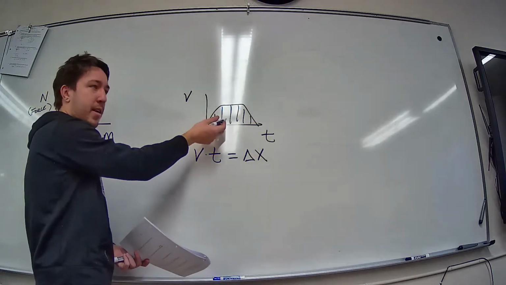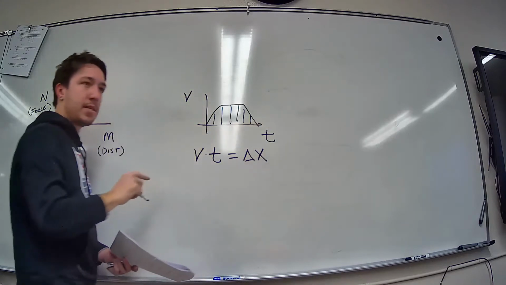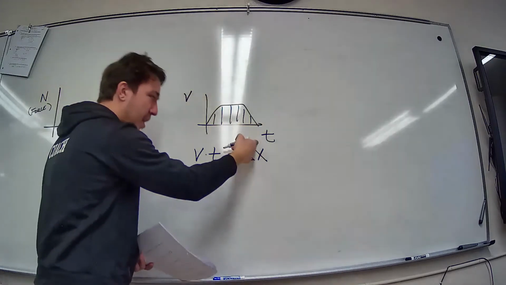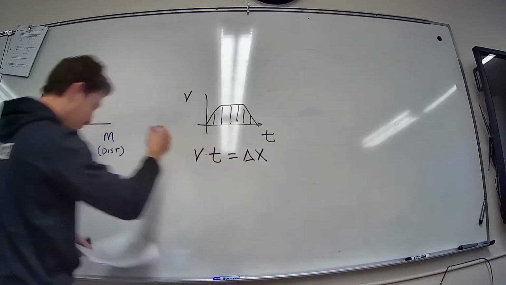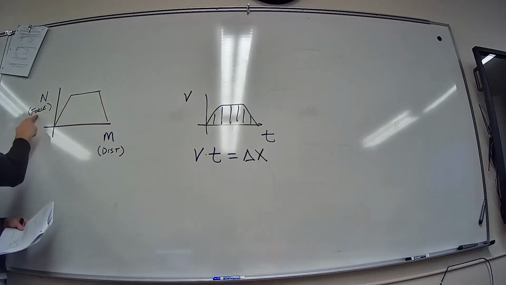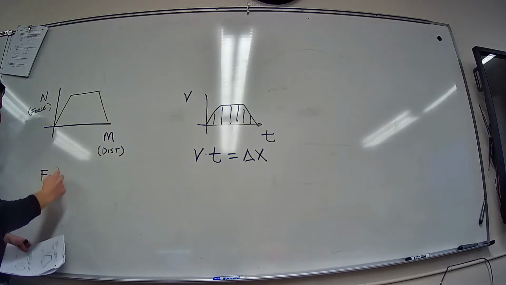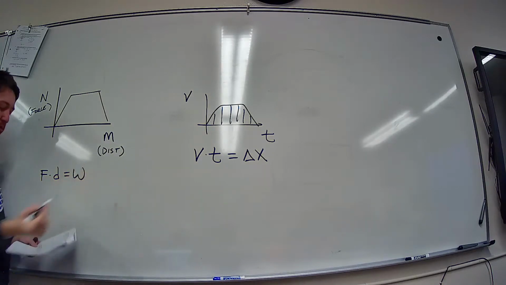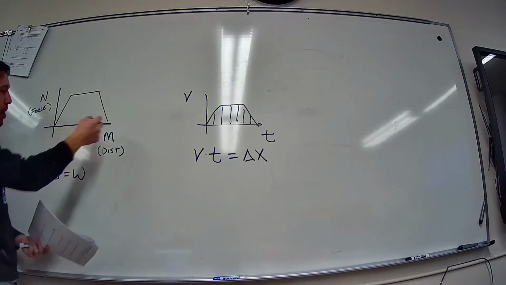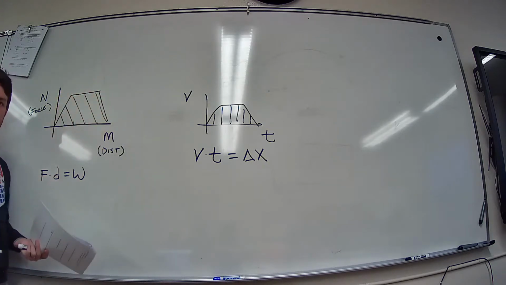The height is velocity, and the width is time, so velocity times time gives you a quantity of distance. So on a graph like this, force multiplied by distance gives you the work. So the area under this curve is going to give you the work done on the object.